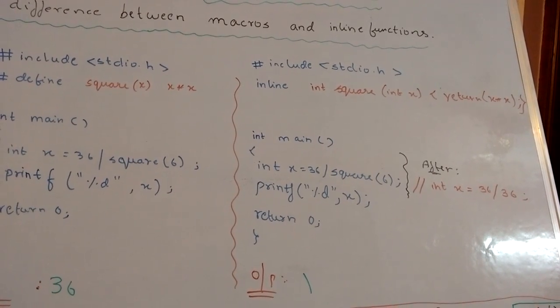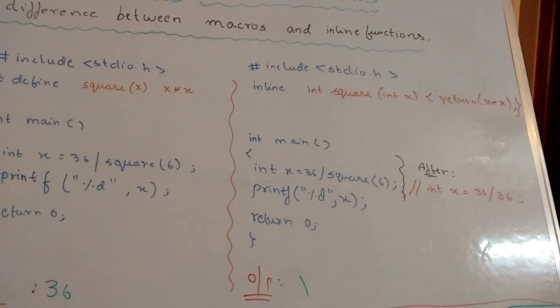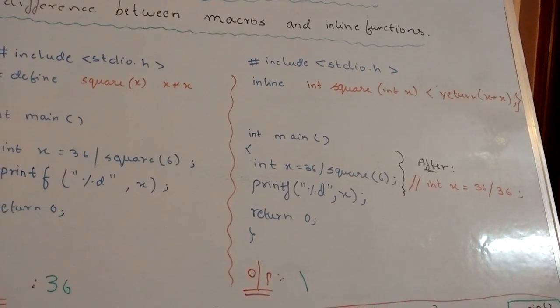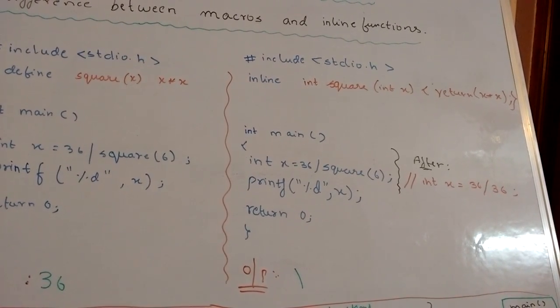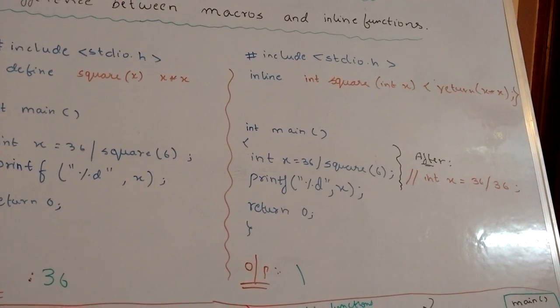In its body it should return x star x. In the main function, I have the same statement, int x is equal to 36 by square of 6.